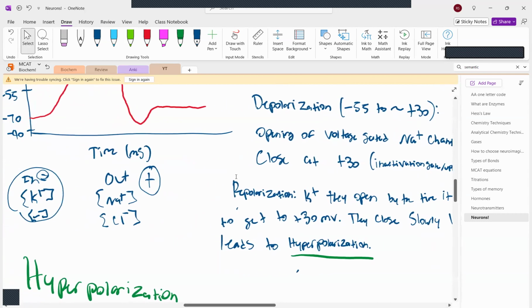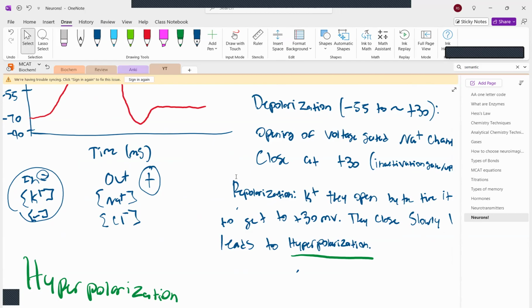And potassium also wants to leave, because now you have all those positively charged sodium ions going inside the cell. When you have too much positive charge, like in electromagnetism, two positive charges repel each other, whereas opposites attract.